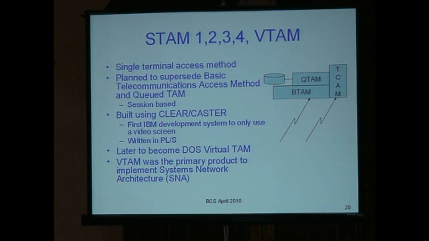And then people like the American Railways, who used the rail tracks as their telecommunications network, said, BTAM's no good to me. I need something to queue the messages up so I can try sending it. If it doesn't get through, I can do it again automatically. So QTAM came in on top of BTAM as the access method to queue the messages.